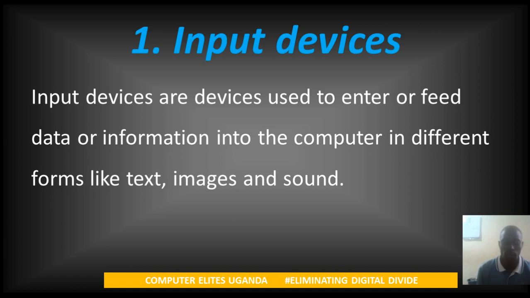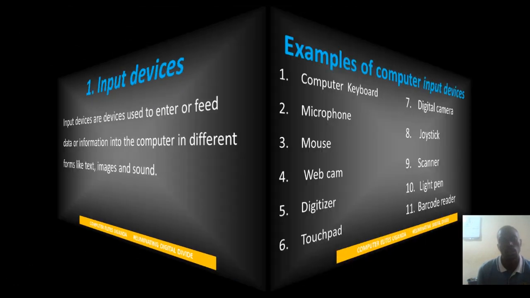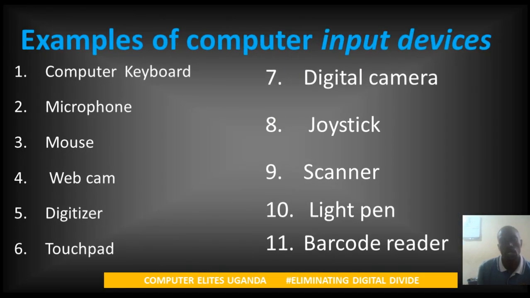Then let us identify some examples of these input devices. Among them, we have a computer keyboard. Of course, this is what we use to enter text, numbers and symbols into the computer.